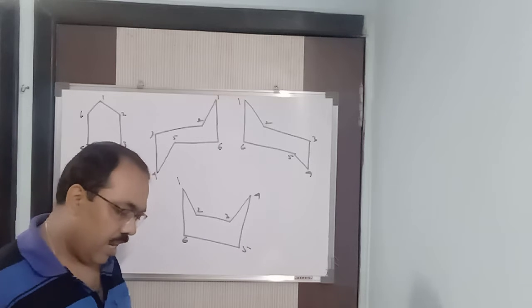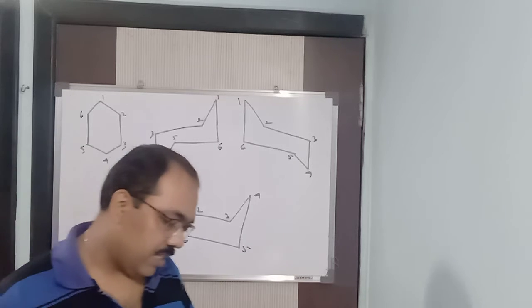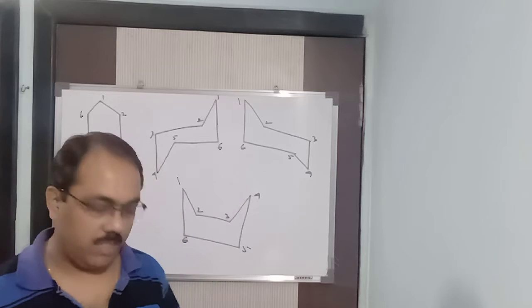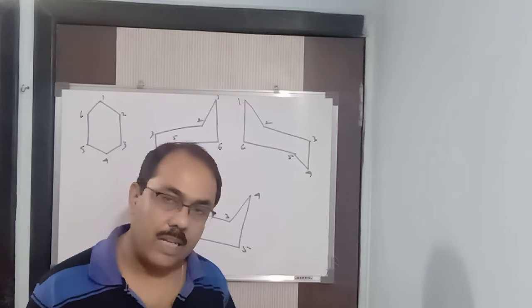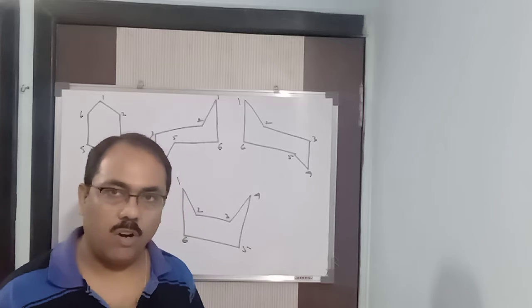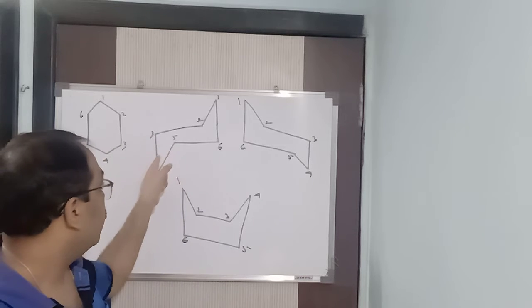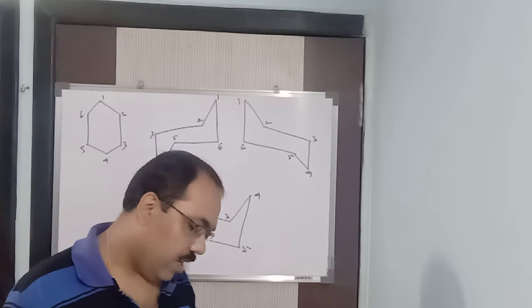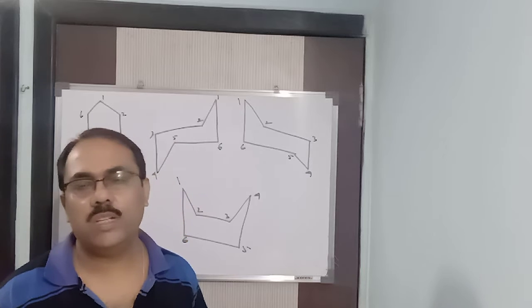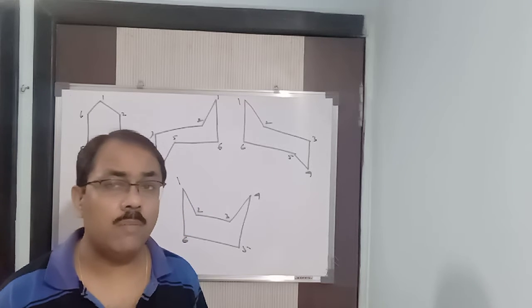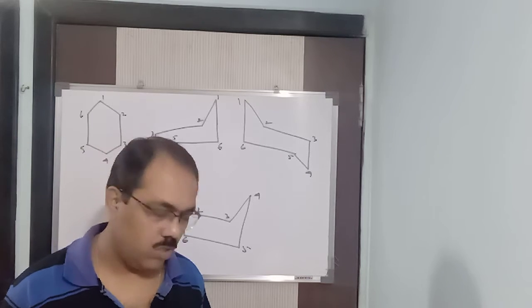Fine. Now, in the chair conformation of cyclohexane, all bond angles are 111 degrees, which is very close to the normal tetrahedral angle of 109.5 degrees.